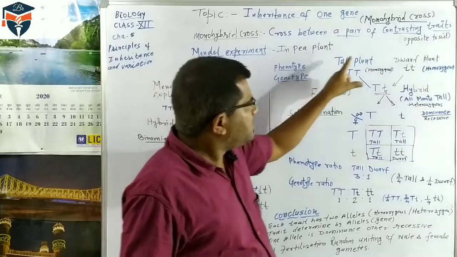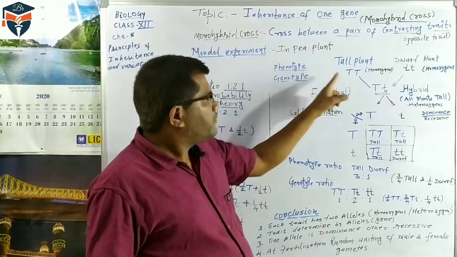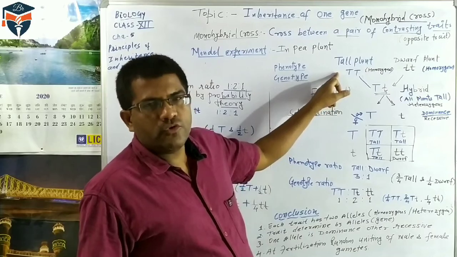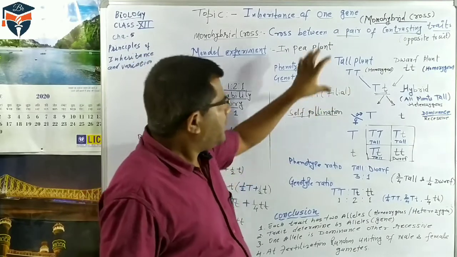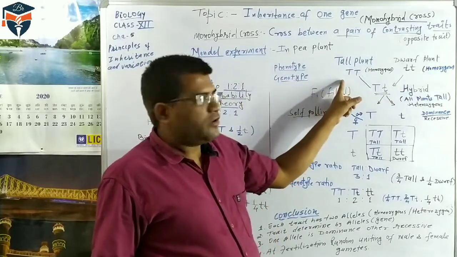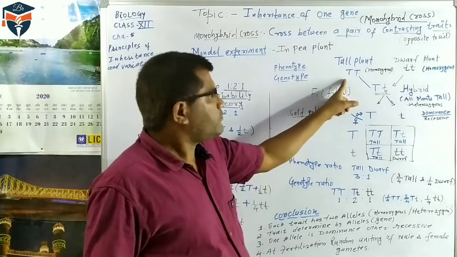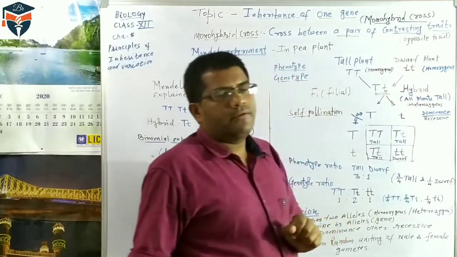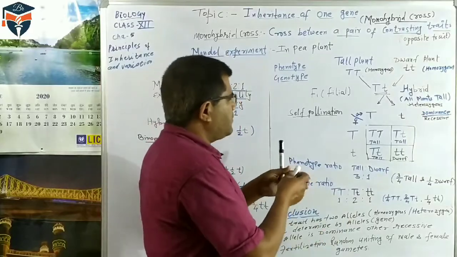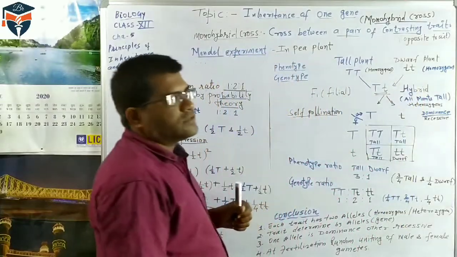When Mendel crossed the tall plant with the dwarf plant, for the tall plant I am taking the genotype capital T, capital T. Any alphabet can be used to express the genotype, and tallness is a dominant character, so I am using capital T, capital T for the tall plant. The genotype for the dwarf plant is small t, small t.